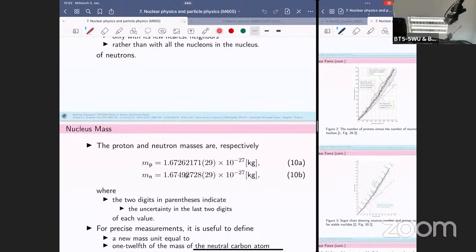It starts to be bigger at this digit, 49 instead of 26. The two digits in parentheses indicate the uncertainty in the last two digits of each value.